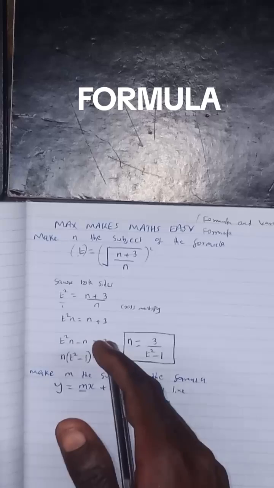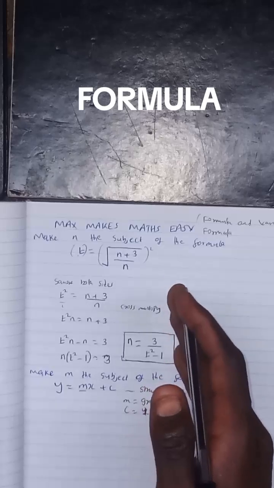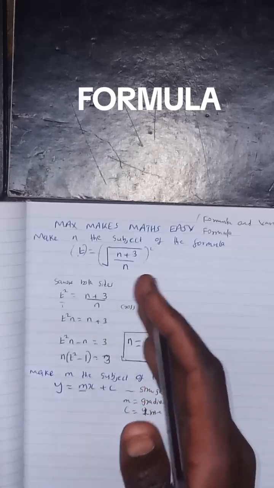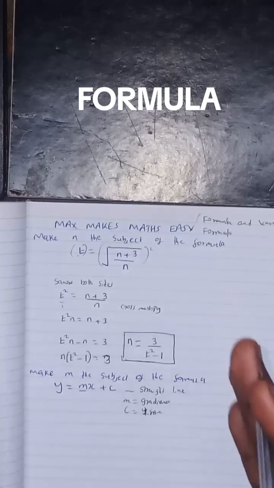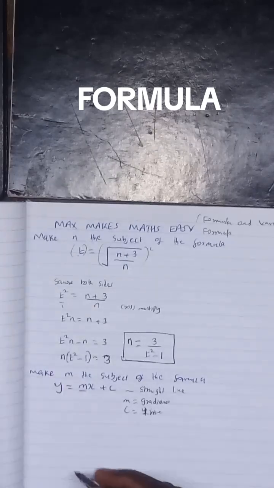The y-intercept is where the line cuts the y-axis, and the x-intercept is where the line cuts the x-axis.